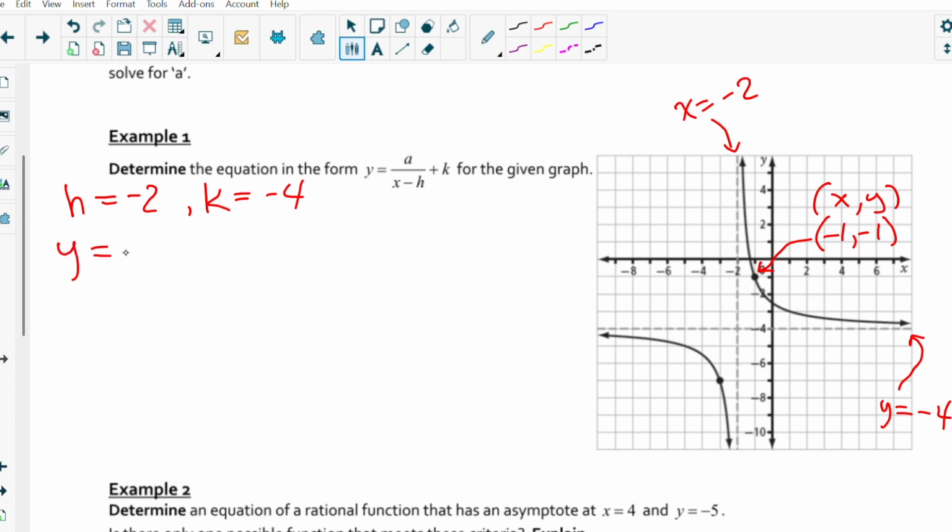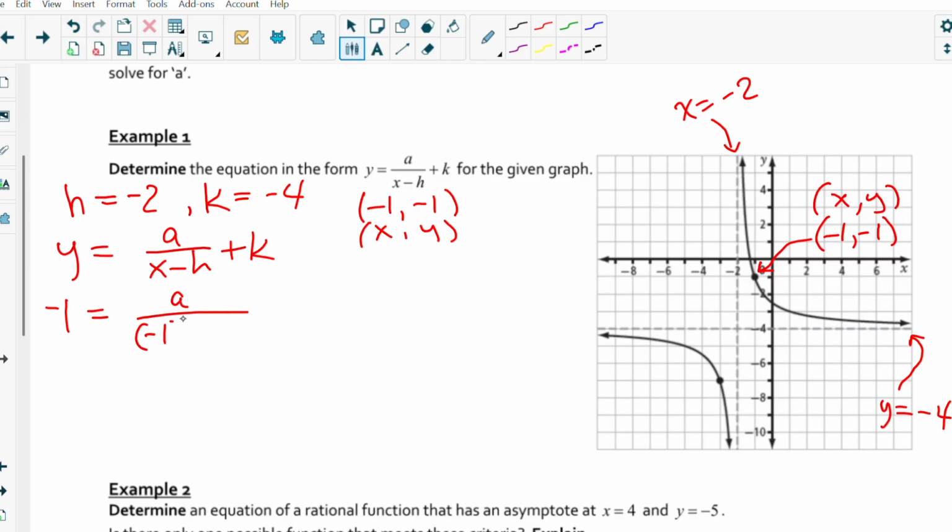So y equals a over x minus h plus k. Let's fill in x equals -1. Oops, I have (-1, -1). That's x, y. Okay, let's fill everything in. So y is -1. A I'm solving for. X is -1 minus h, which is -2.